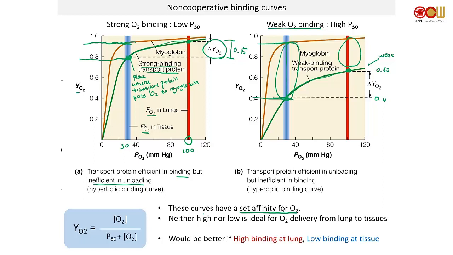You have to be able to change the affinity depending on the location you're at. So neither high nor low is ideal for O2 delivery from lung to tissue. It would be better to have high binding at the lung and low binding at the tissue. So it would be good to have that.